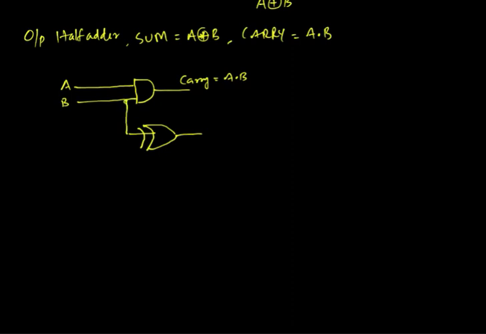One input is given, and the other input is also given here. So the output of this XOR gate will be the sum output of the half adder.